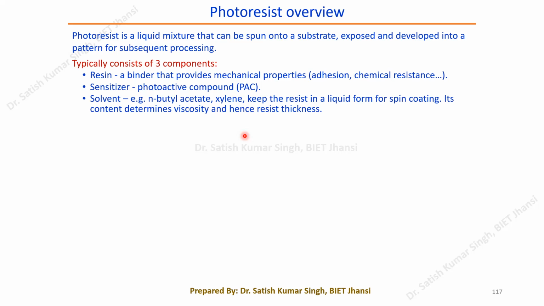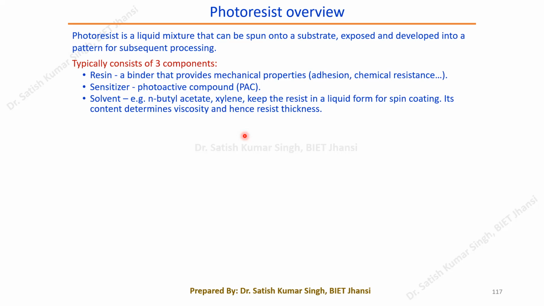This solvent decides the viscosity of the photoresist that we are making, because its proportion decides the viscosity, once we mix the resin, the sensitizer, and the solvent.